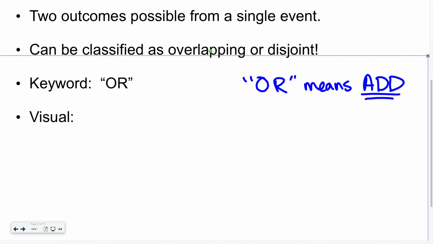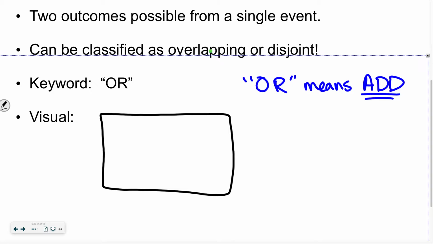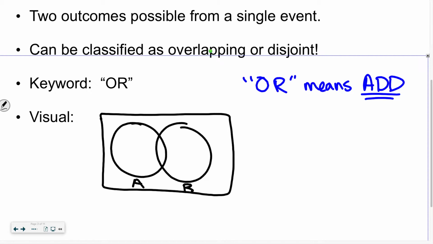All right, let's draw a visual of compound events. I'm going to draw it as a Venn diagram. We're going to have a few Venn diagrams in our notes today. Suppose I have some event A, and I'll also draw some event B. If I were discussing the part that is A or B, everything inside of those two circles is part of that answer.